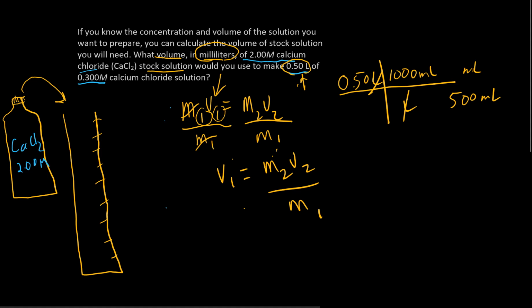We're going to substitute in for V2. We're going to put a same equals here. So V2 is going to be 500 milliliters.